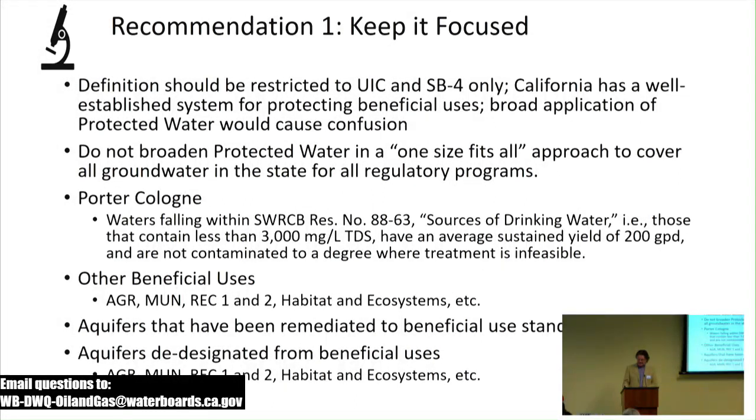Again, I don't think the intent today is to consider upending all of that process and procedure, but just to be sure, I'm making it recommendation 1 that we keep this protected water definition to this particular concept of the model groundwater criteria.